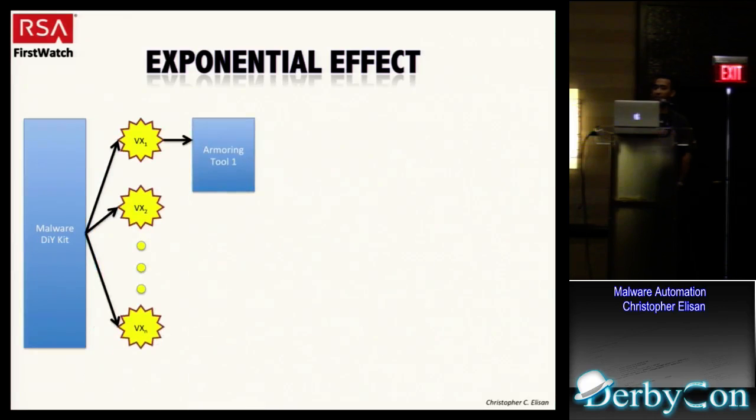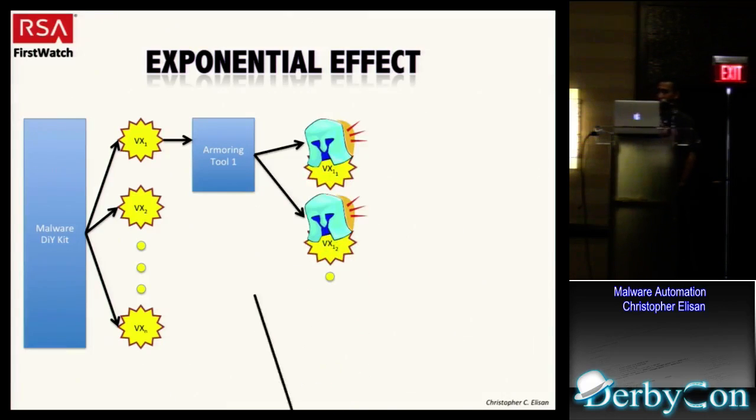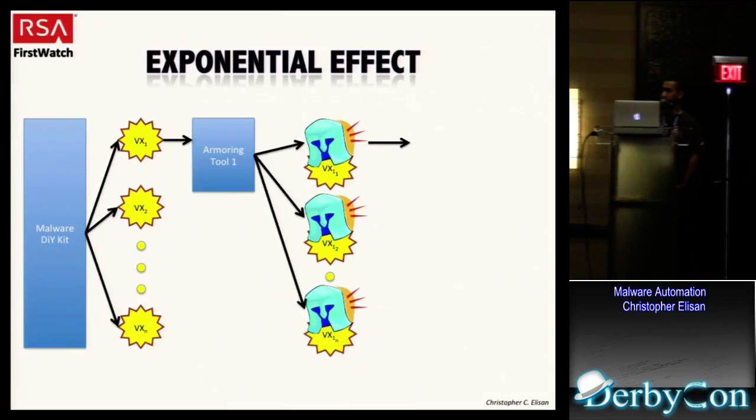You get one sample, run it in an armoring tool, and most armoring tools also use time and date as a seed. So just based on one sample, it could create an infinite amount of unique malware samples. And then you subject it to another armoring tool, and so on and so forth.